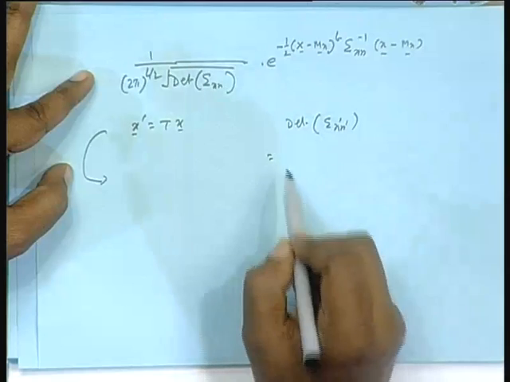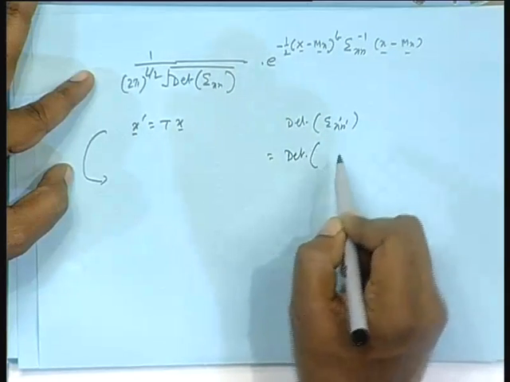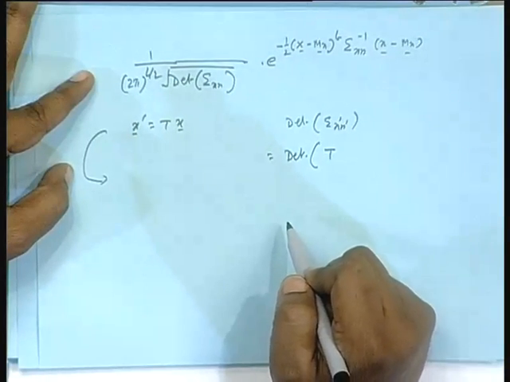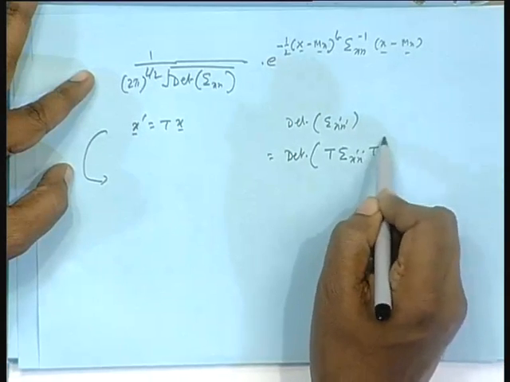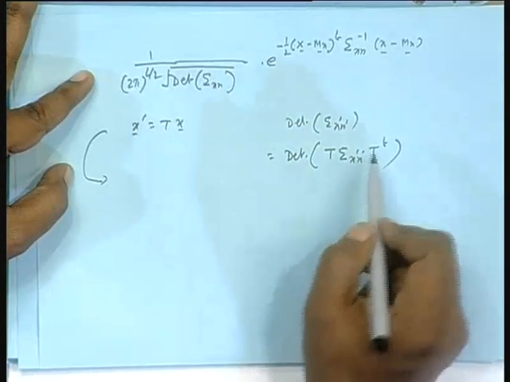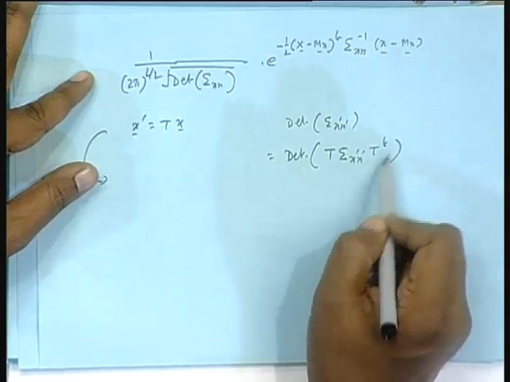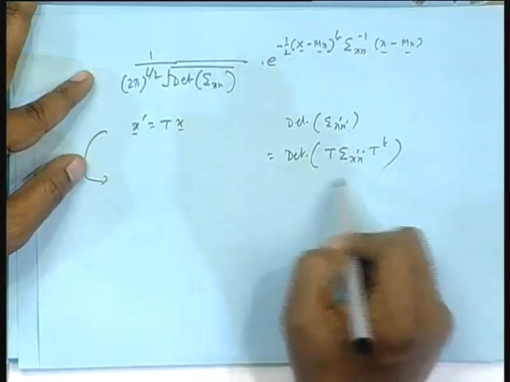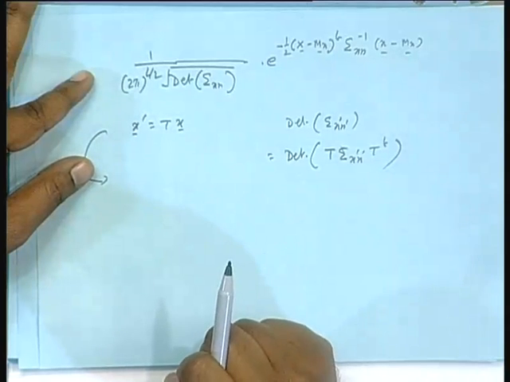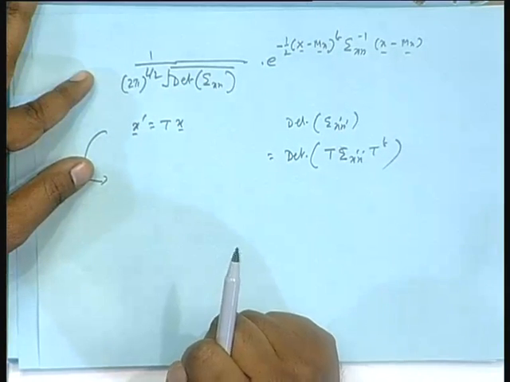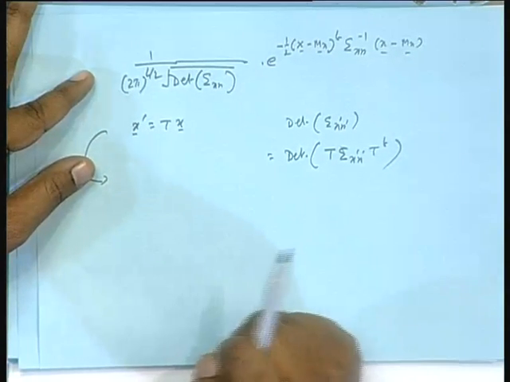But sigma xx prime will be what? Determinant of T sigma T transpose, which is T inverse, and this is called a similarity transformation. The determinant will be the same as the determinant of the original matrix. So this value will not change, because T is unitary, so T transpose is the same as T inverse.